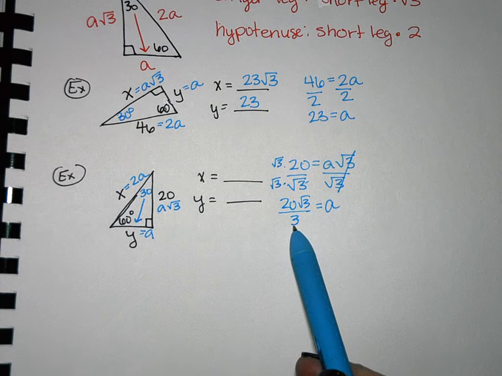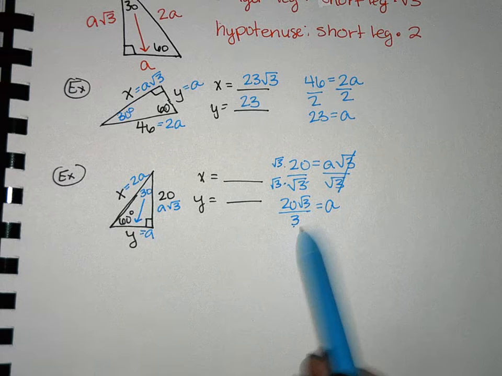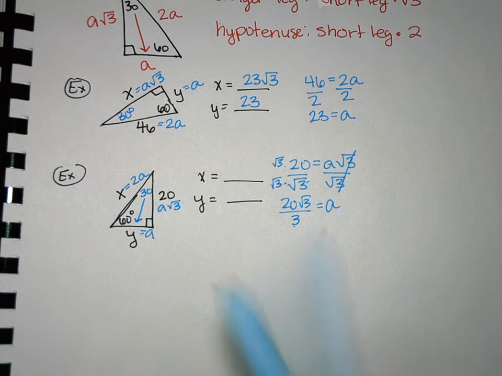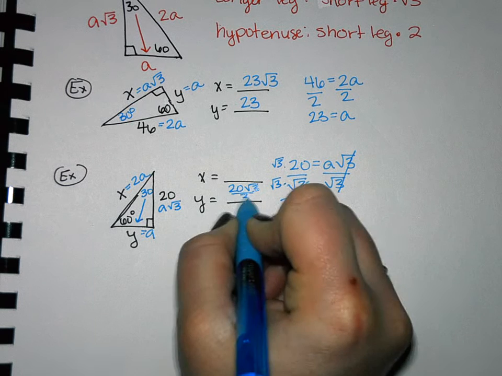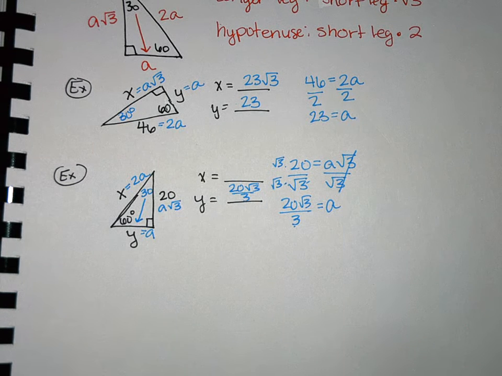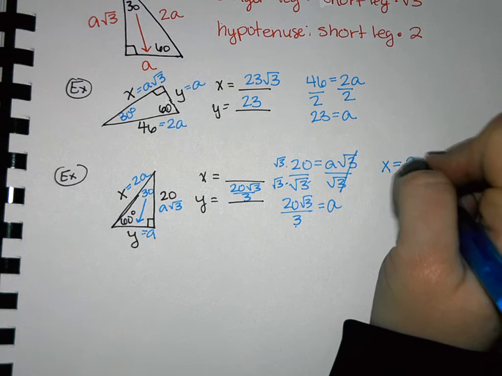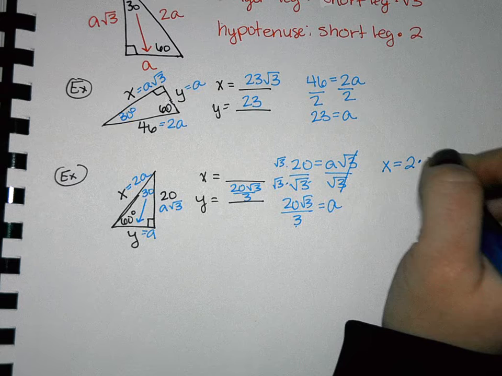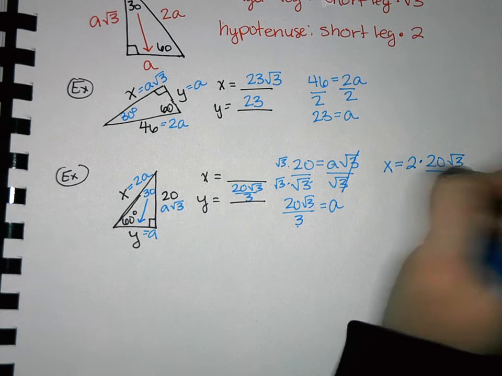So that is telling me which letter, X or Y. If A is equal to that, it's telling us Y. So I have 20 root 3 over 3 as my Y value. Now to find X, we do 2 times whatever A is. So 2 times 20 root 3 over 3.